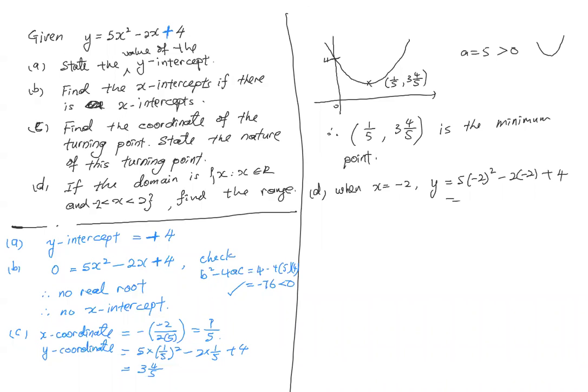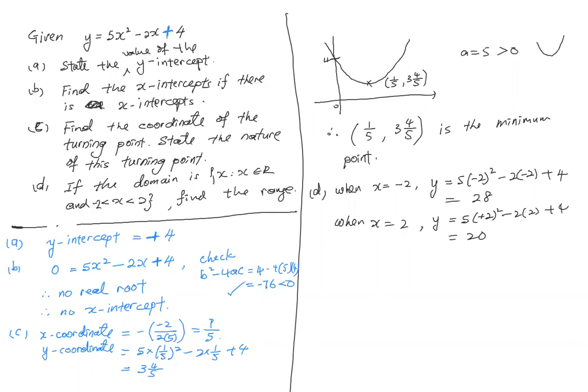Can someone tell me? 28. Is it? Yes, 28. When x equals 2, what is y? 20. So the answer is 20.